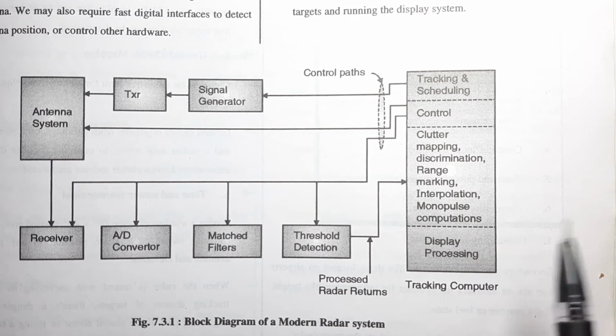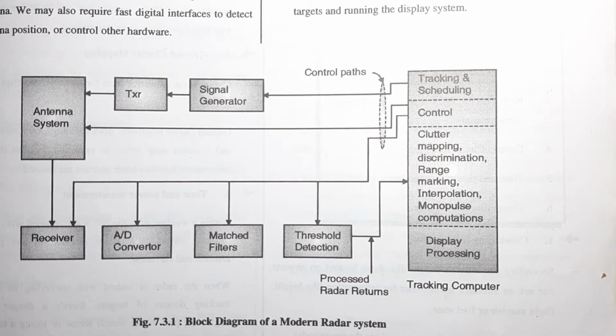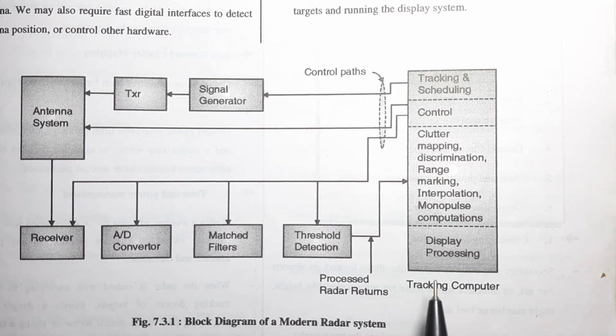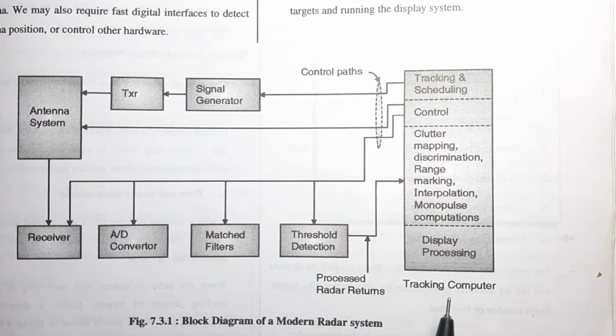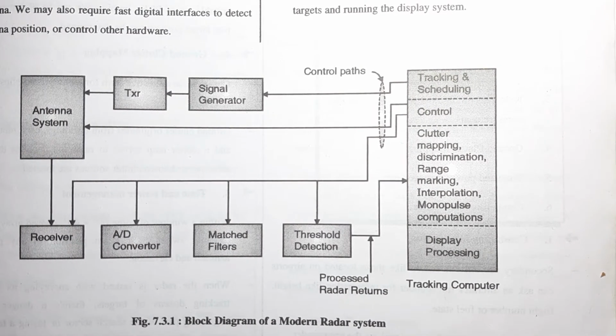And last but not least, the reflections received at the receiver's end are displayed, and display processing is carried out, wherein the nearby objects are displayed very effectively, and the long range objects are given a certain range.